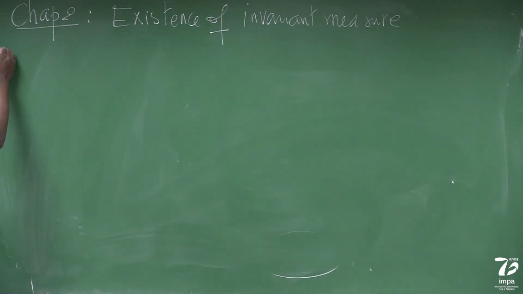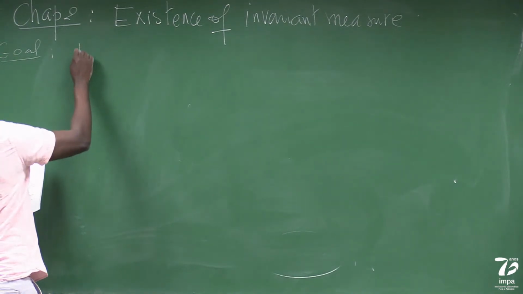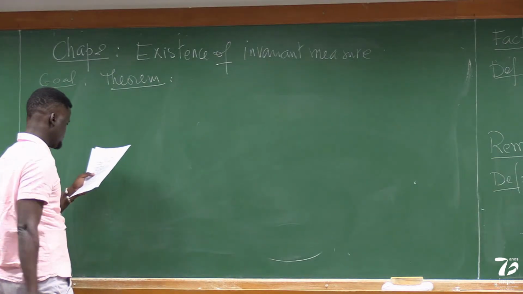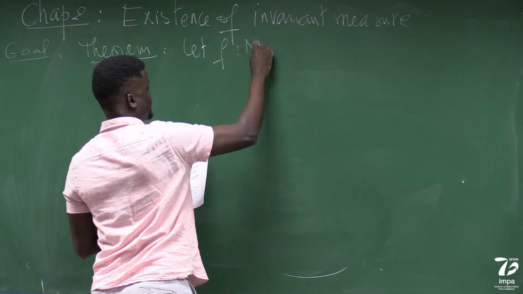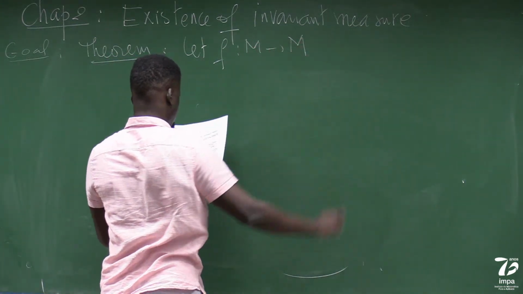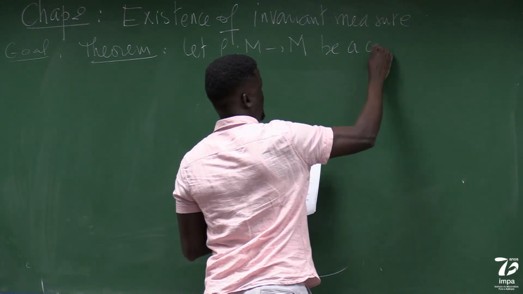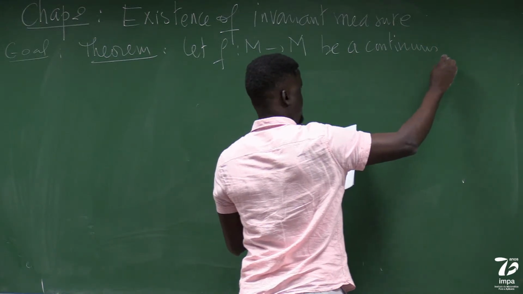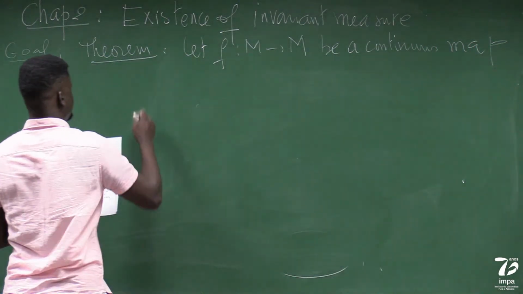So the goal of this chapter is to prove this theorem. Let F be a continuous map on a compact metric space.